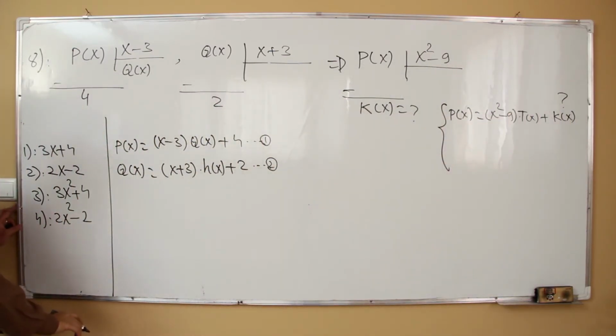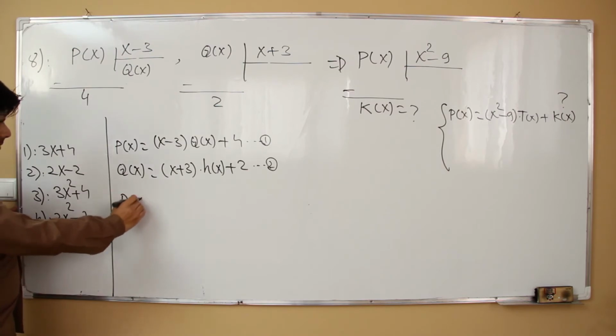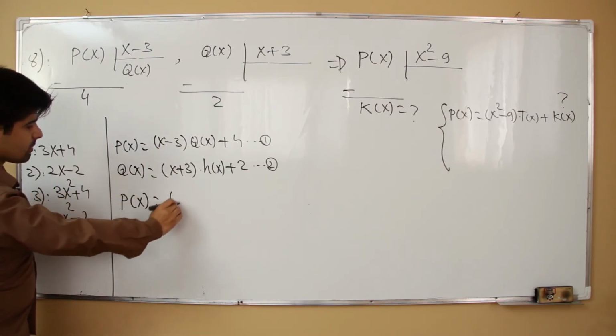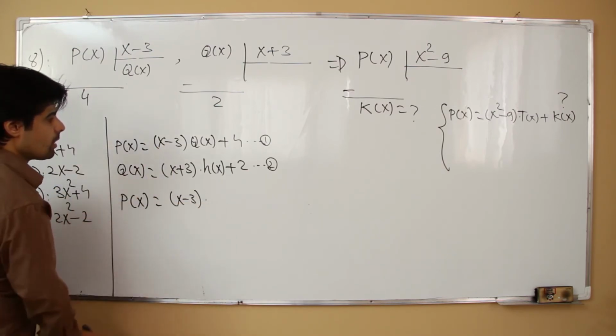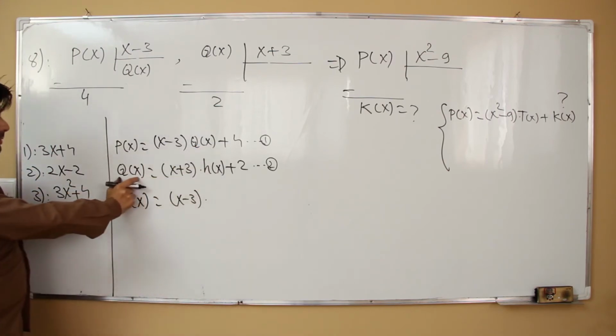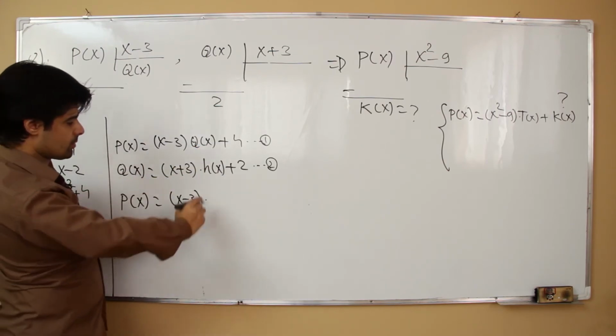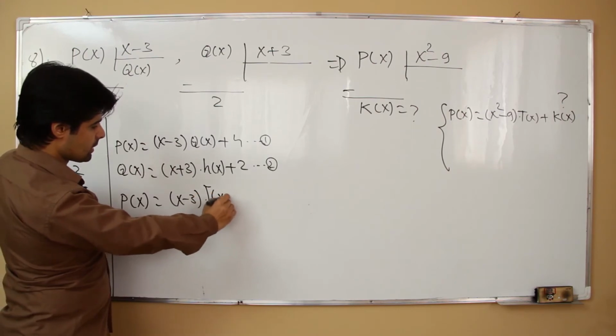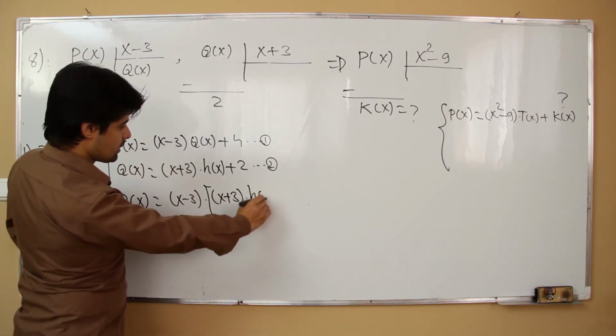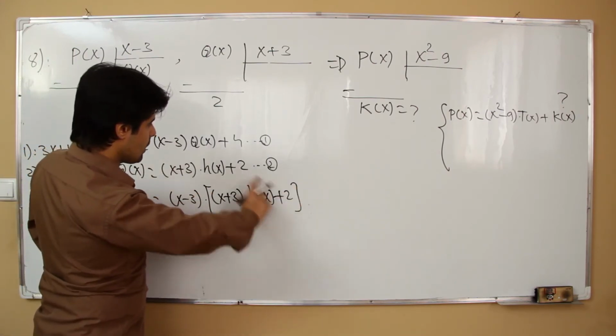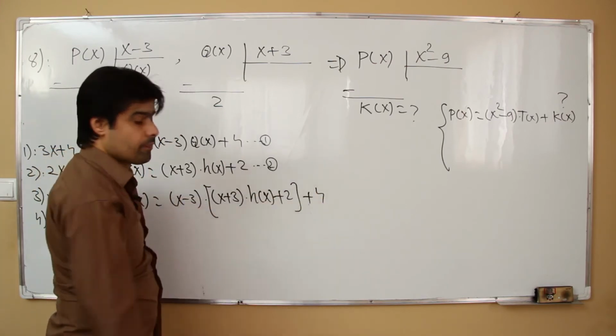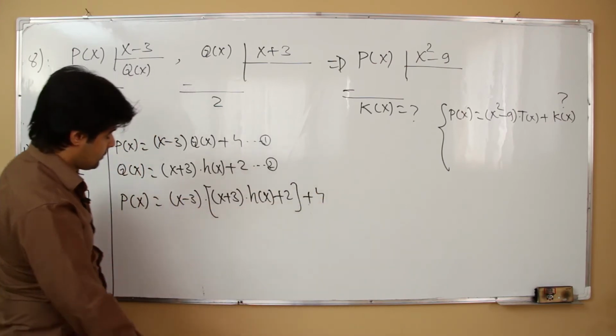Here, look, Px is Px, x minus 3 is x minus 3. And instead of Qx, can we write this one? Yes, we can write this statement: x plus 3 times hx plus 2, plus 4. Am I right? Yes, why not?